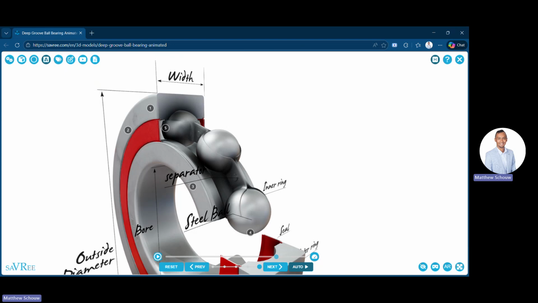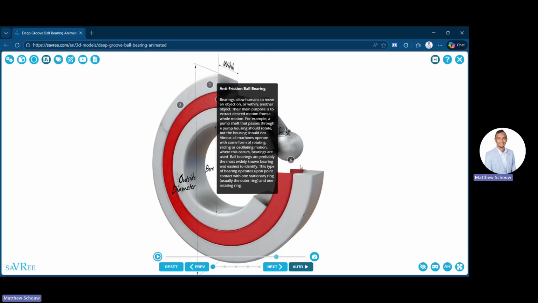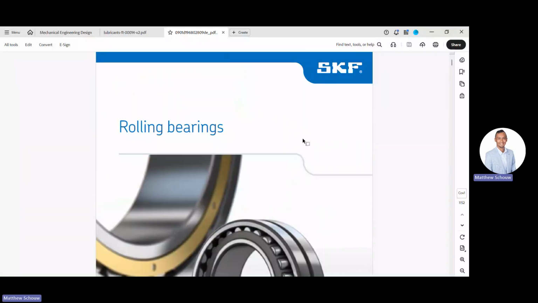So then after that, before we embark on that, we're going to look at the catalogs for bearing selection, right? You've got your SKF, one of the main companies for bearings, and you also have your Timken as well.